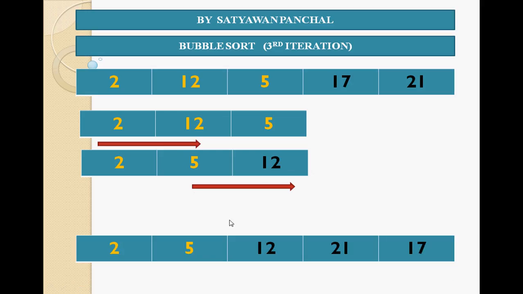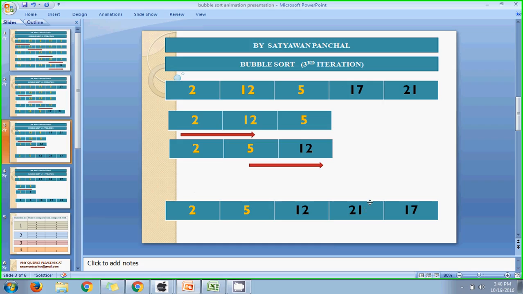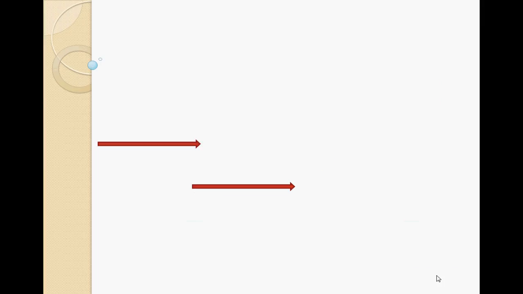Now we can see in the list that 12, 21 and 17 are sorted. I'm sorry, we have to put 17 here, it was by mistake. We can put it here, like 17 is here and 21 is here. Okay, now the list we have got is this way.